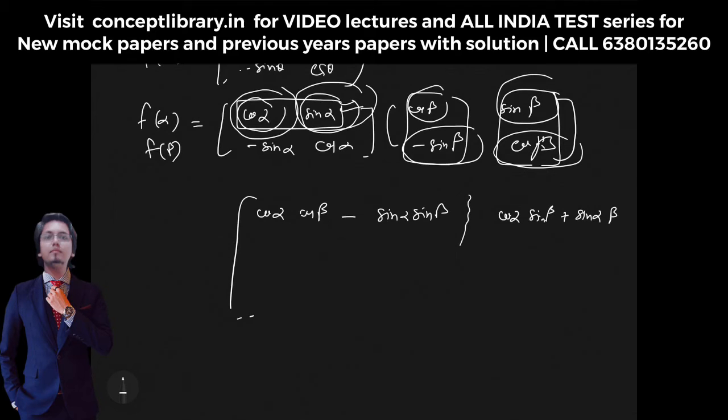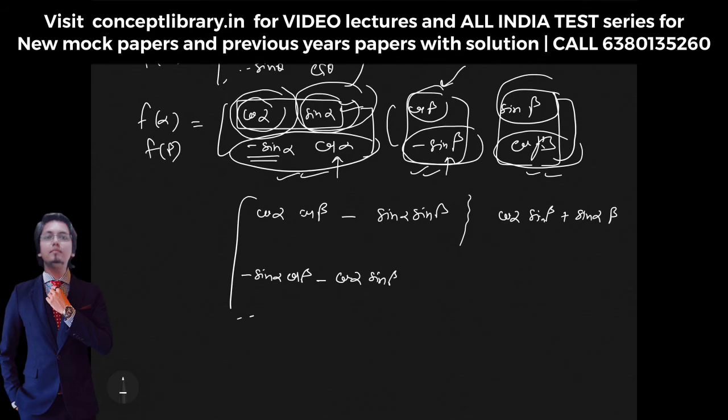Then multiply this row with this column: minus sin alpha with cos beta, so we get minus sin alpha cos beta. Then multiply cos alpha with sin beta, so minus cos alpha sin beta.